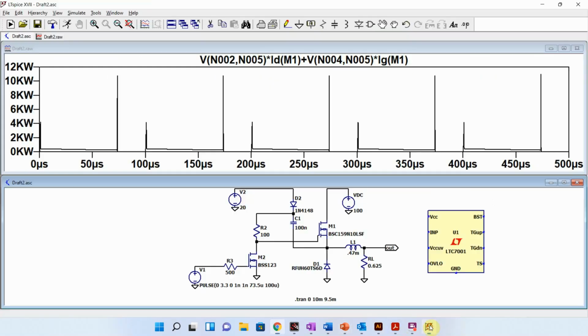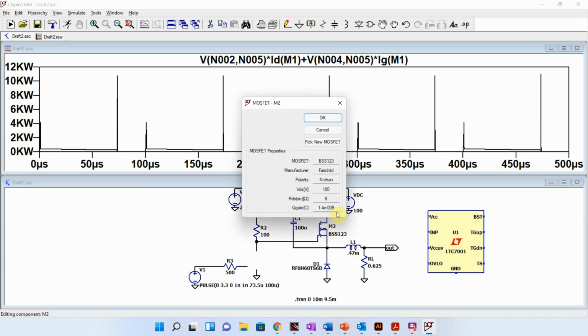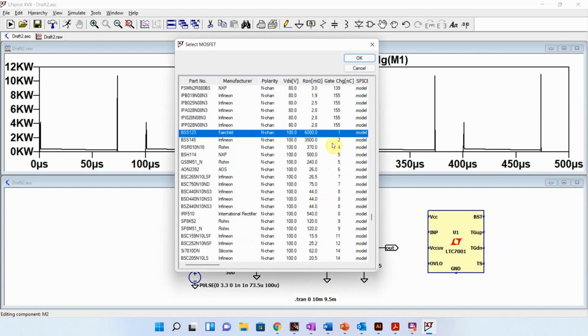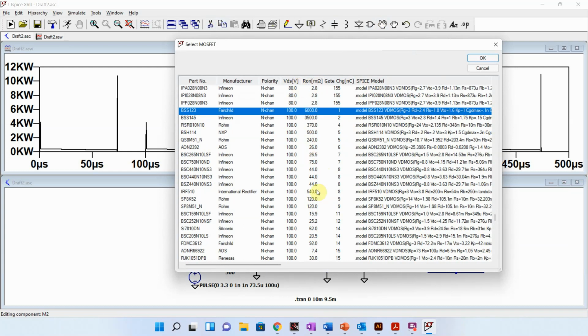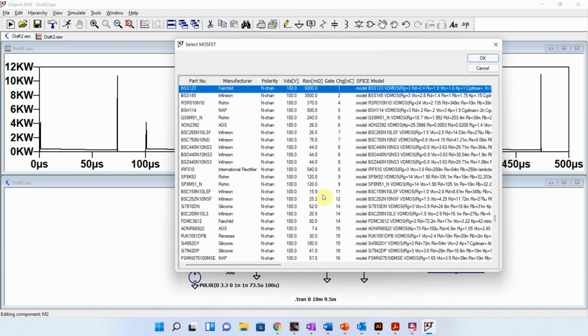So I'm going to come over here and we are going to delete all of this. And we're going to go back to an NMOS configuration. But now we are more concerned about the R on. So I want a transistor with a fairly small R on and a fairly small gate charge.